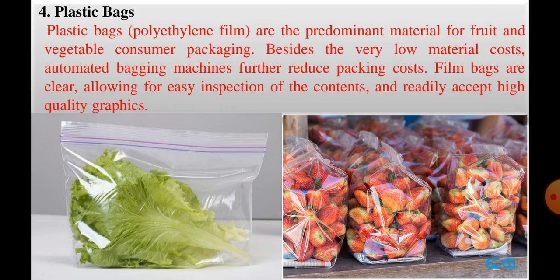The film bags are clear, allowing easy inspection of the content, and readily accept high quality graphics. Plastic films are available in a wide range of thickness and grades and may be engineered to control environmental gases inside the bag.